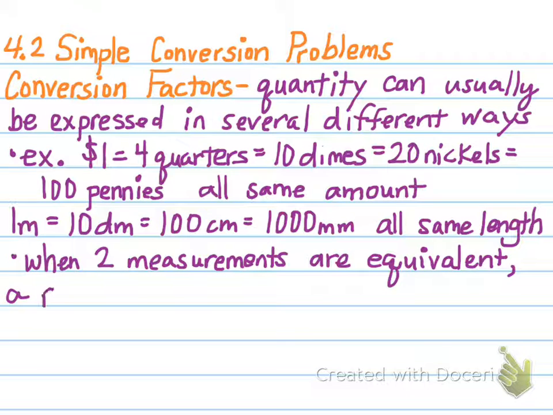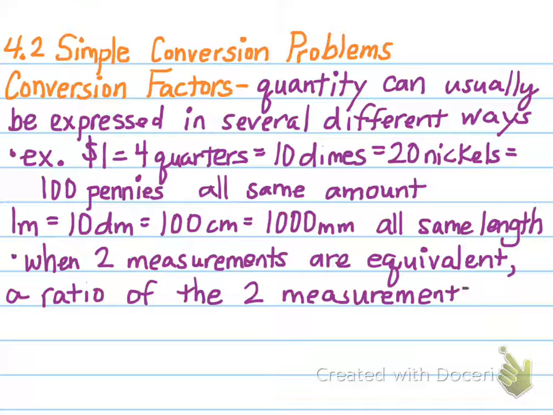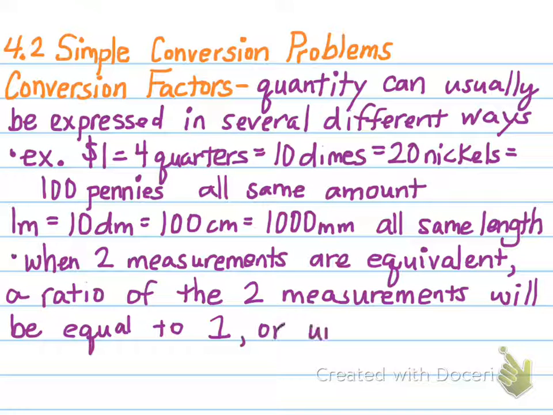Then you can have a ratio of the 2 measurements that will be equal to 1, or it's also called unity.